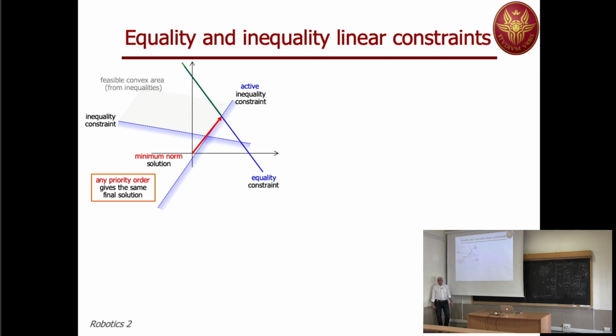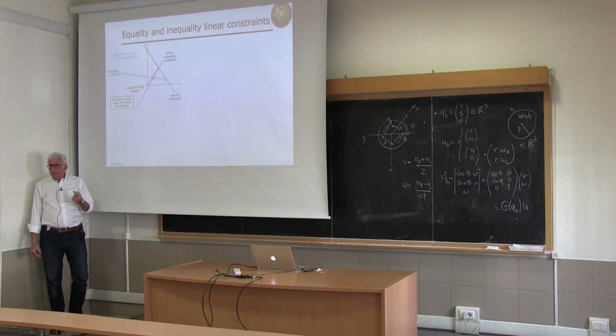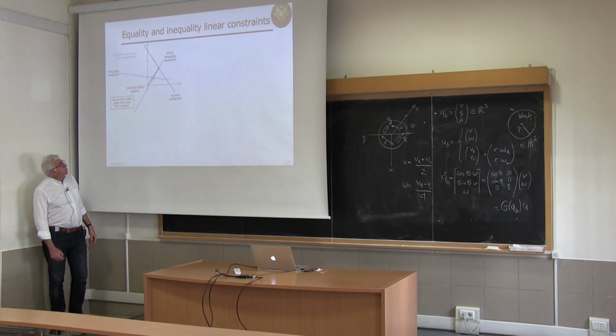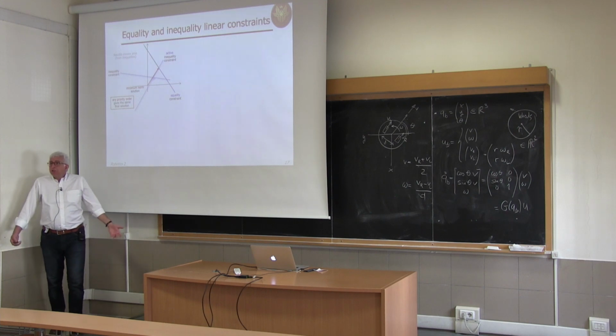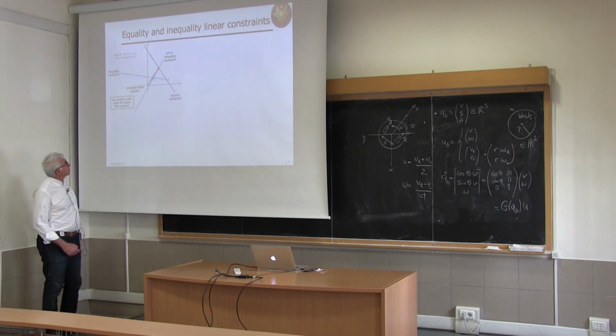So the order doesn't matter in this case. Wherever you add constraints, but you are consistent, so you don't exclude the existence of a solution which is feasible for all constraints, then the priority is irrelevant. Okay? It's like having sufficient resources for doing multiple tasks.